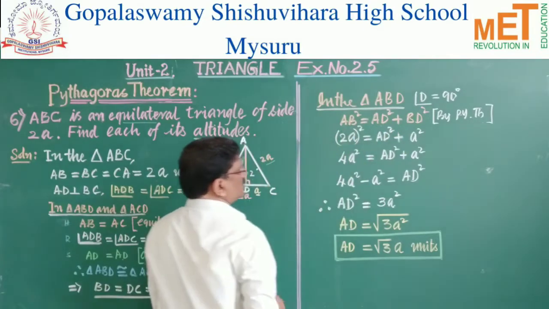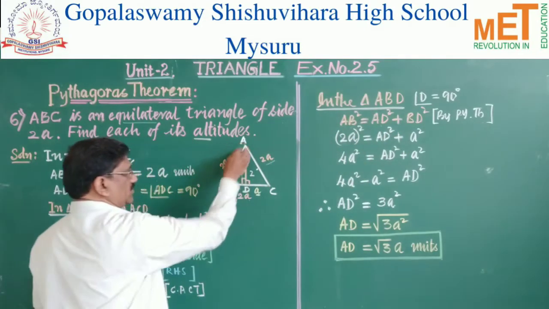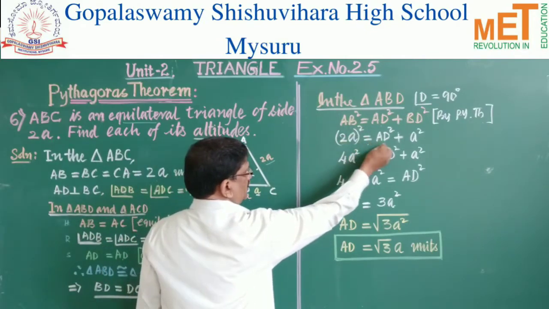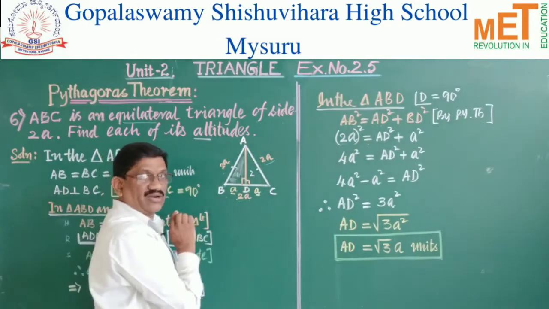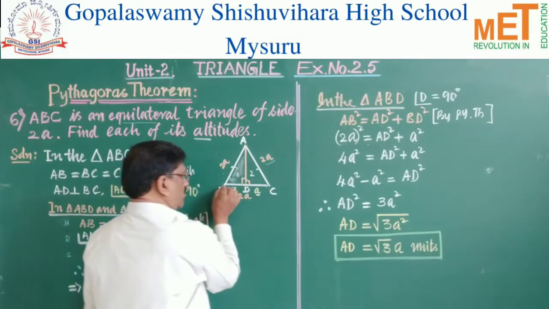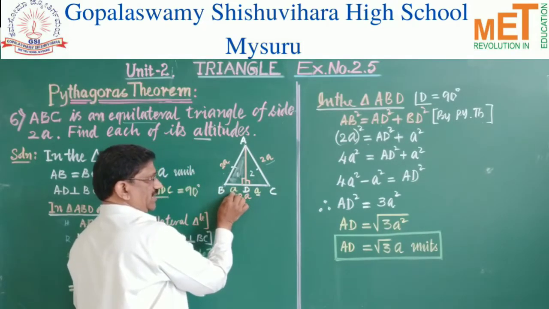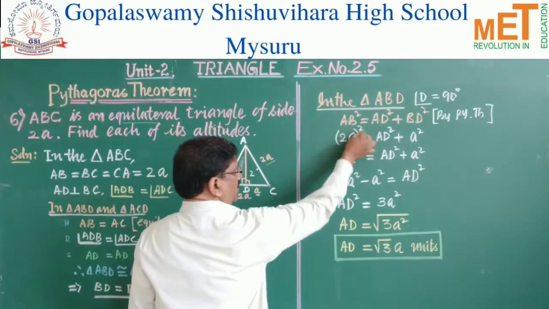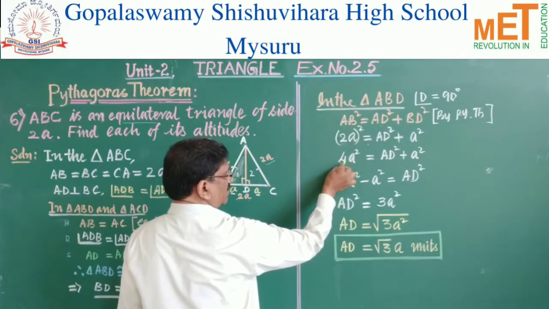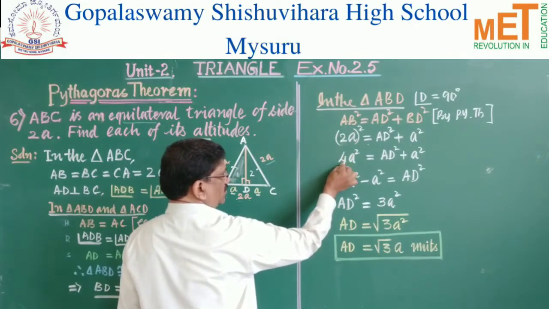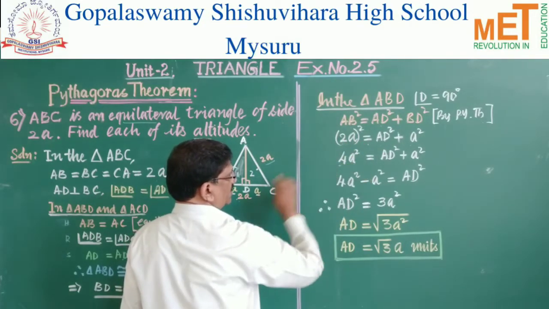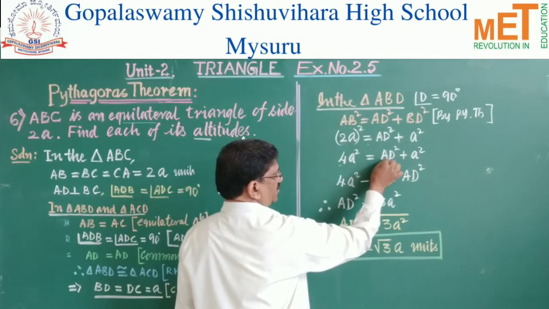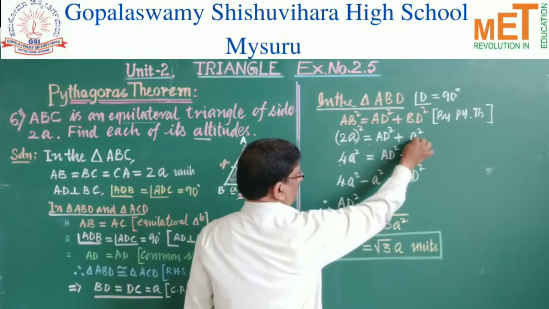The length of AB is 2A units, that is 2A whole square is equal to AD, we don't know, that we have to calculate children, but the length of BD is A units, that is A square. So applying the square to both 2 and A, it becomes 4A square is equal to AD, we don't know, keep it as such, plus A square.